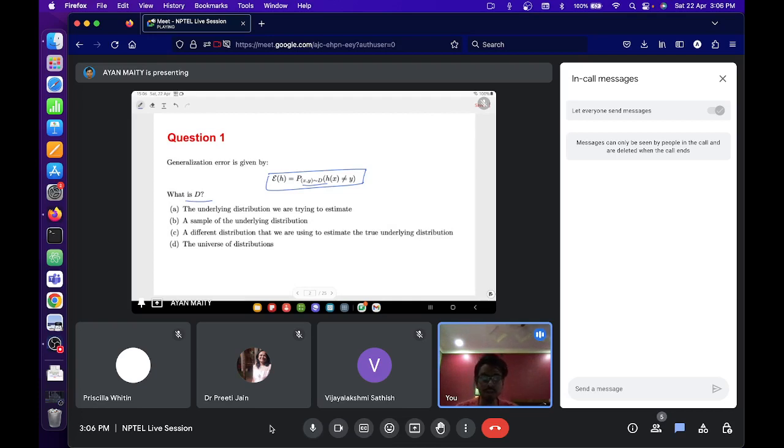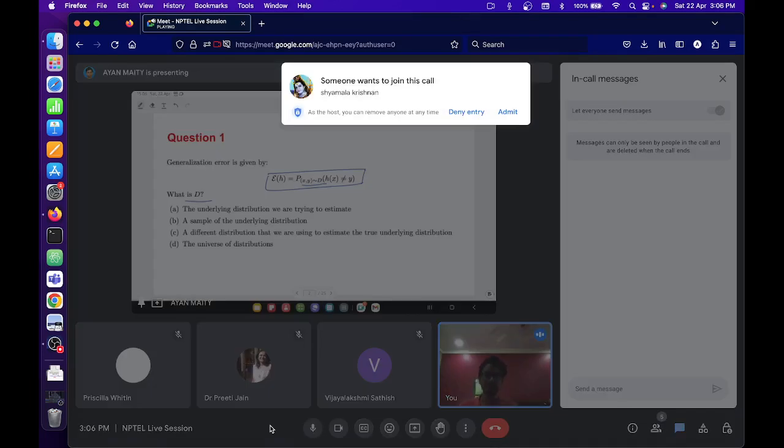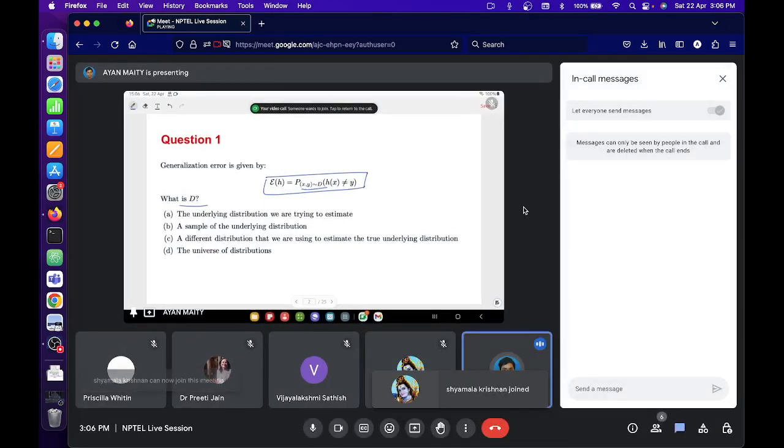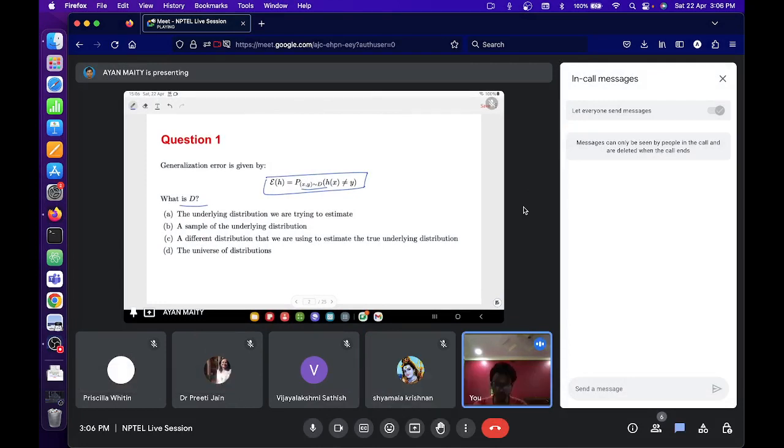So you can write your answers in the chat. You have to find out what is D in this expression of generalization error that is given on the screen.